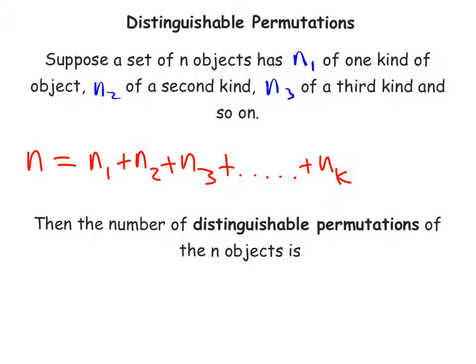So it's a permutation, so it should be no surprise here that n factorial is going to be on the top. But down on the bottom, we take n sub 1. Remember, that's like your one kind of object, right?